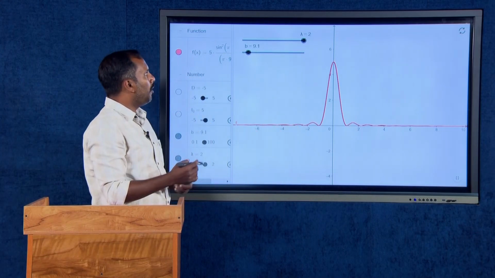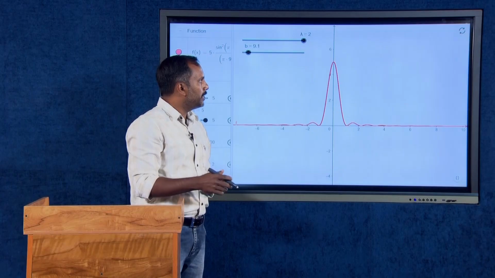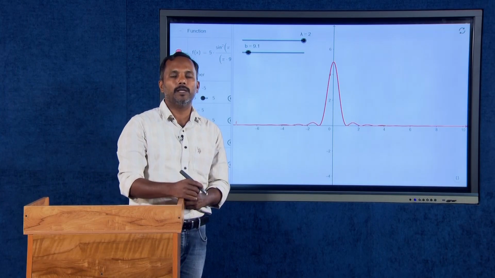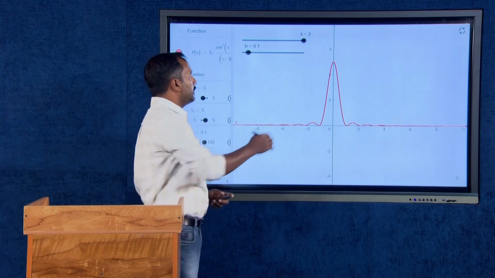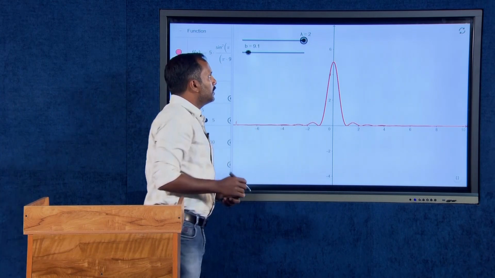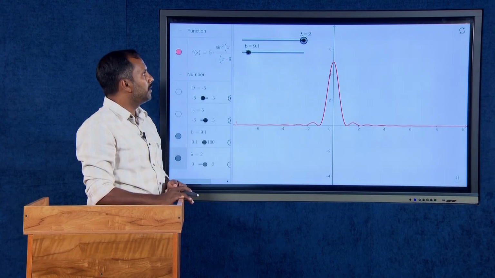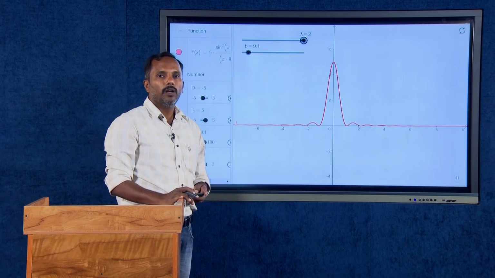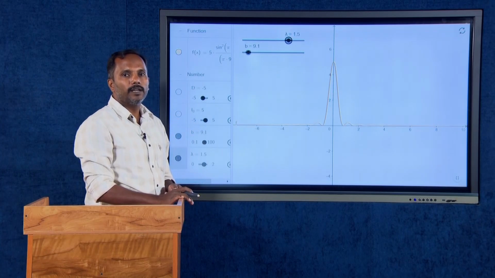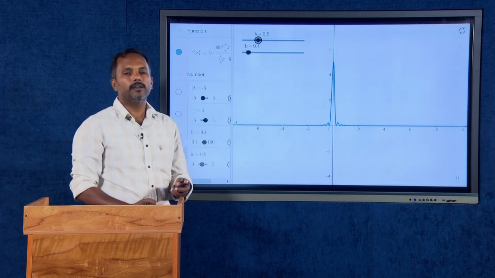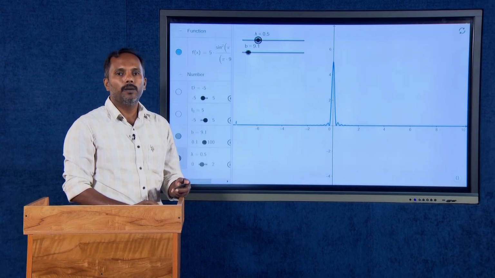Let us check how the intensity pattern varies with changing the wavelength as well as the width of the slit. Let us check how this intensity pattern varies with the wavelength. So, if we decrease the wavelength, you see in the intensity pattern, the width of the central maxima becomes narrower.